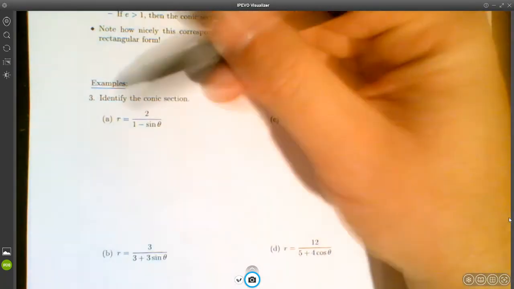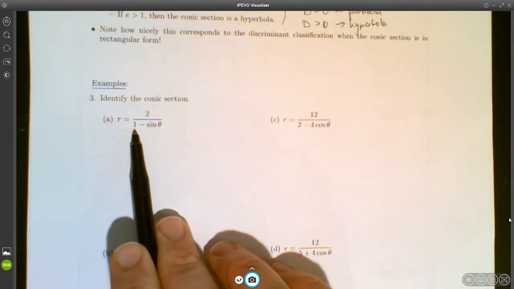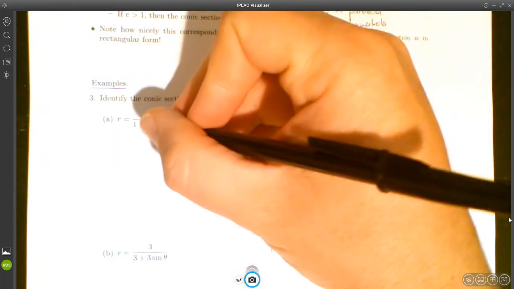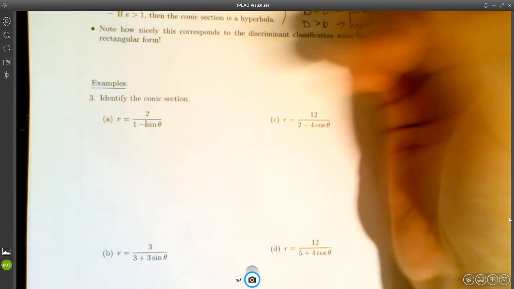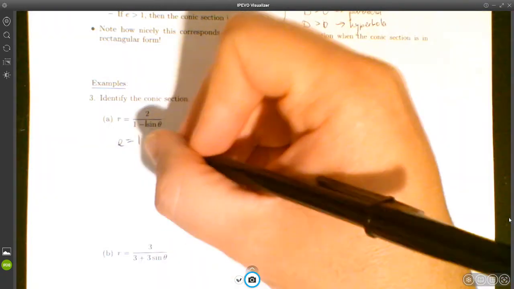Looking at number 3, part A, I already have a 1 as my constant in this location. So the eccentricity is just the coefficient on my trig function, which is a 1. So e equals 1. Since e equals 1, this must be a parabola.